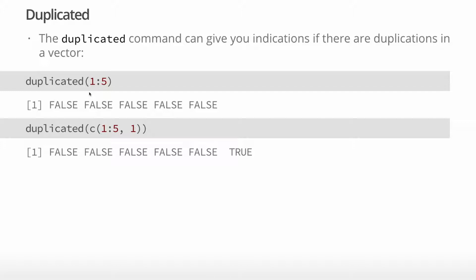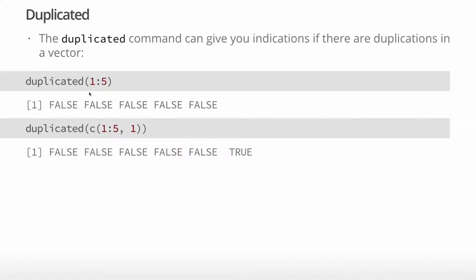The first one, yes, there are multiple ones in this data set, but that does not mean duplicated gives you a true for both of them. I don't know the rationale for that. If it were me, this would come up true as well. But the idea is duplicated does exist. It'll tell you when things are duplicated, but only when the first one shows up, that is a duplication.